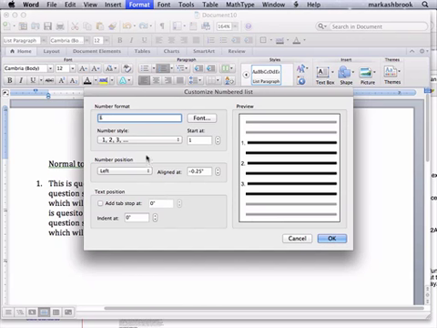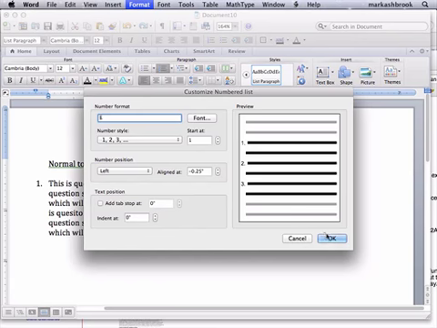So here's the key. It's got me in this paragraph. The key is that I want it to always start at 1. So if I base the sub-question style on this, then it will always start from A, because it's based on this style that starts from 1 every time, which is only once.